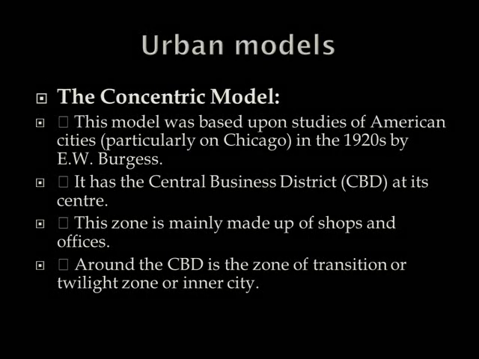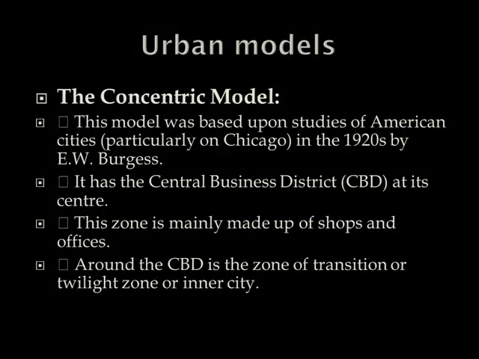Urban models. The first model that we have is the concentric zone model. What do they mean when they say concentric zone? I think we need just to draw a simple concentric zone model.